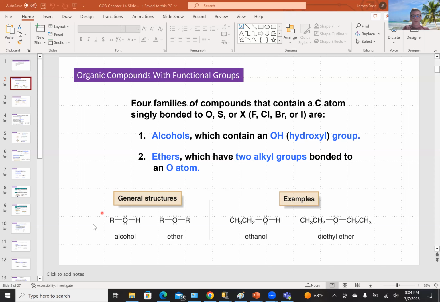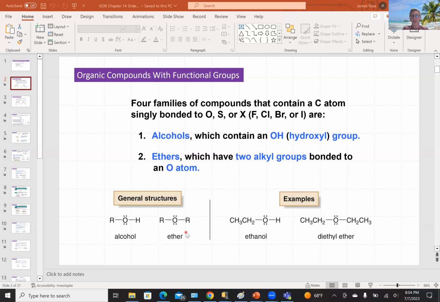So for now, let's just assume that R is a generic carbon, and then we have the functional group OH. We've got carbon, oxygen, hydrogen. That's an alcohol functional group. We have carbon, oxygen, carbon. That's an ether functional group.